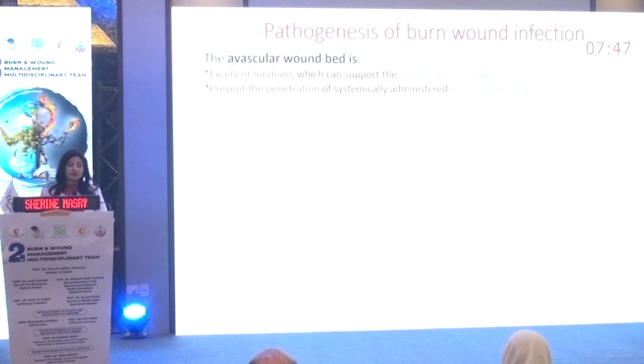The pathogenesis. First, we have an avascular wound bed, which is an excellent medium for growth, and it also prevents the delivery of systemically administered antimicrobial drugs. And all of my colleagues here, when they discuss the infection, they address that we are going to give antibiotics. It's not a magic wand.